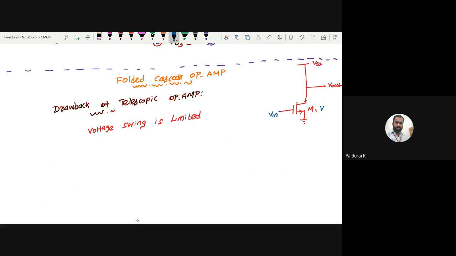What is the voltage drop across M1? It is the overdrive voltage of the first transistor. Now what is Vout? Your Vout is simply the applied VDD minus the overdrive voltage of the first transistor, right? It will give you some value. Now let me add one more transistor here, in cascade.